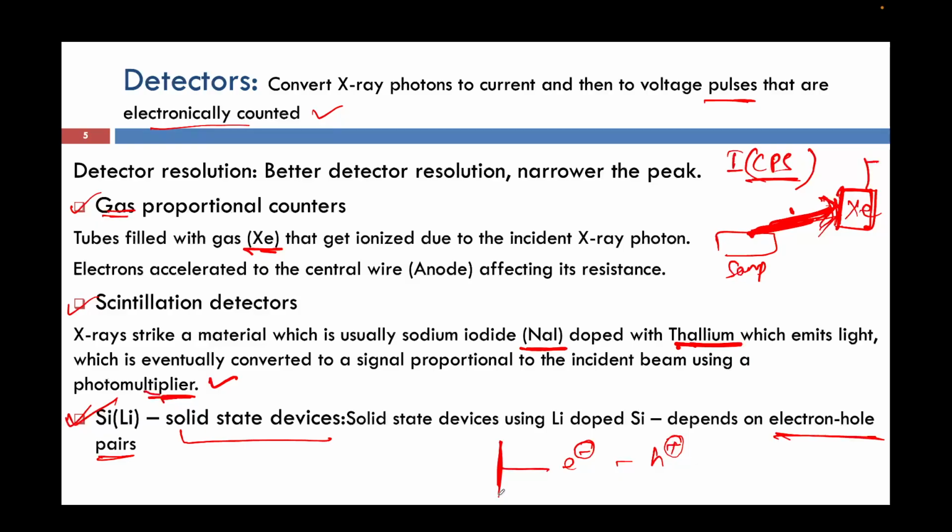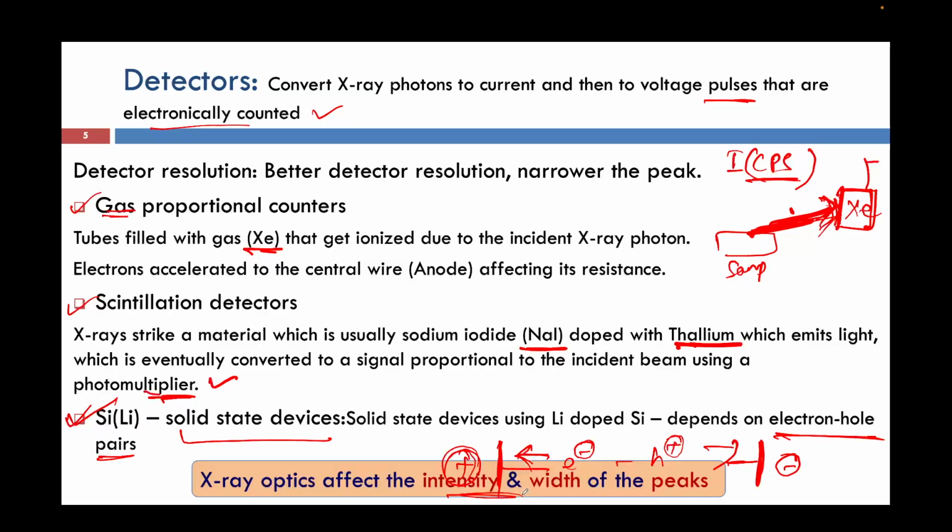That means we apply a high positive voltage to this side and a high negative voltage to this side. Since it is an extremely high positive voltage, electrons would come to this side, holes will go to this side, and finally by the count of these electrons we will be able to see how much photon has hit the detector, right? So this is one of the important aspects of our X-ray optics as well.